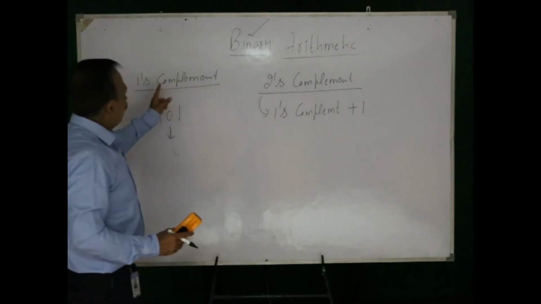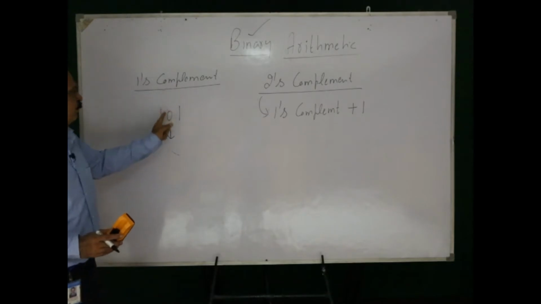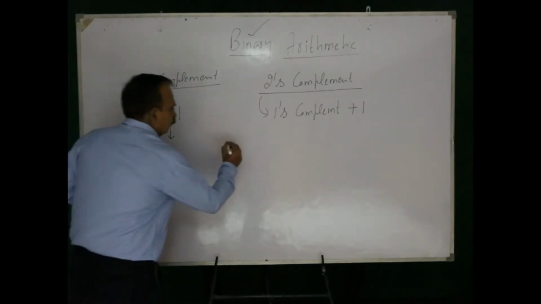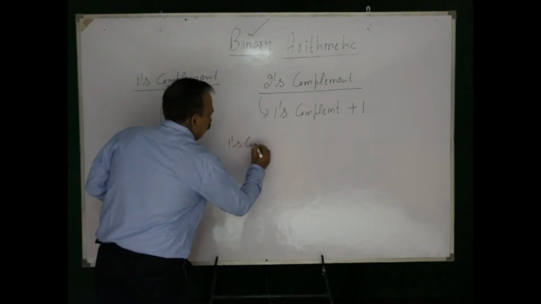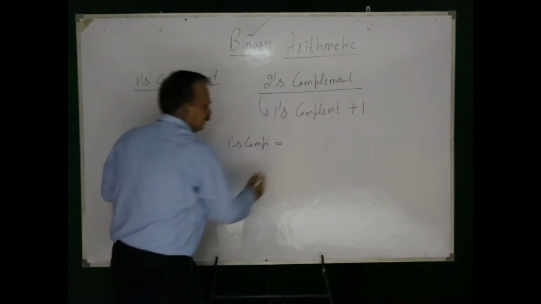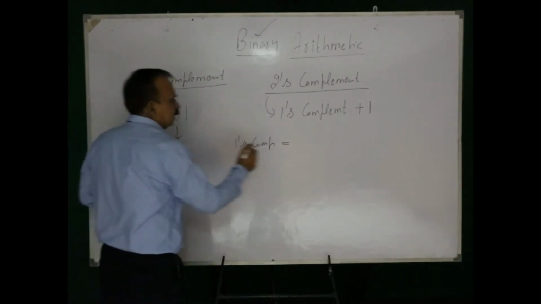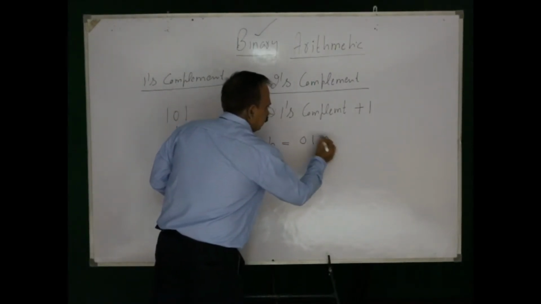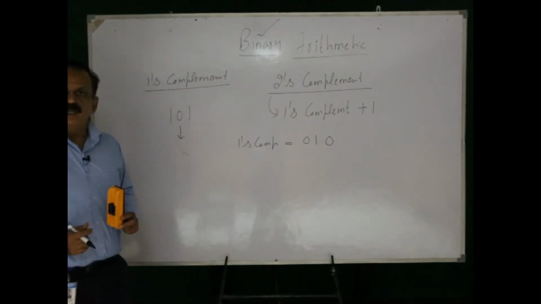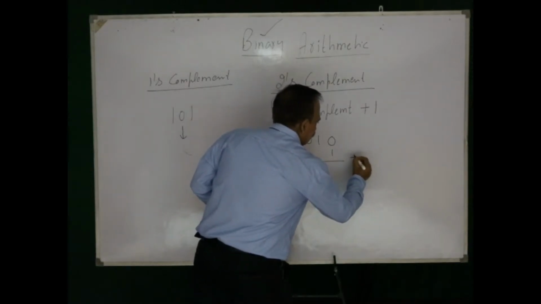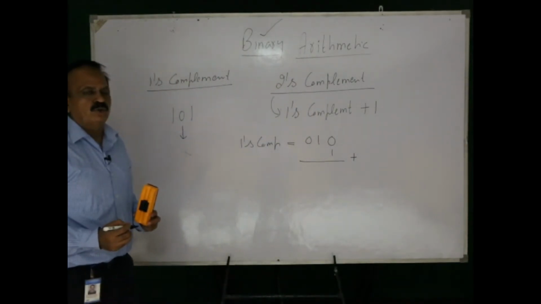For example, I want to find 2's complement of this given number. This is the given number. Now first I will write 1's complement. Now 1's complement, as I have seen, is converting 0 to 1 and 1 to 0. I think it will be 0 1 0, 0 1 0. This is 1's complement, and if I add 1, this number is going to be the 2's complement.